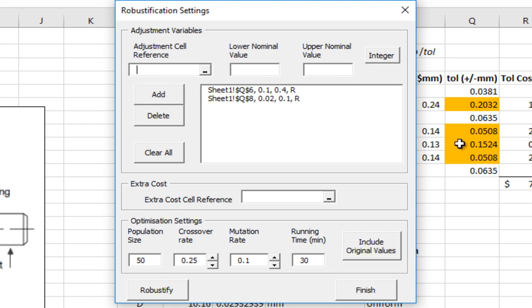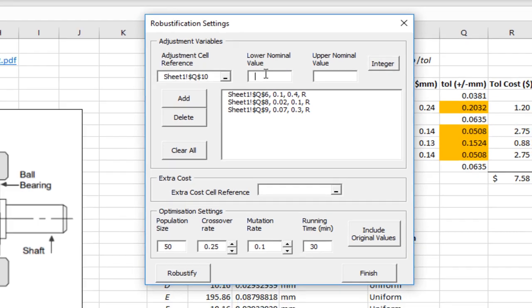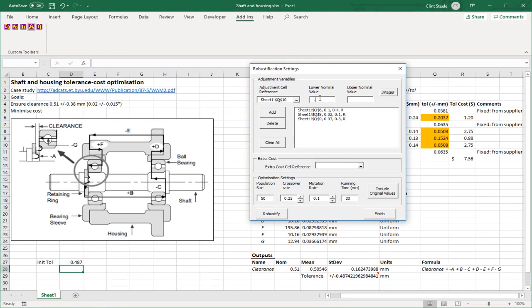The next one will be here, and so we'll say that starts at 0.07 and can go up to 0.3. So we'll add that one, and then finally we have this one here, and once again we'll say that can be as low as 0.02 and can go as high as 0.1, and we will add that.